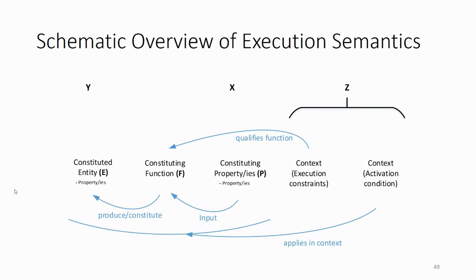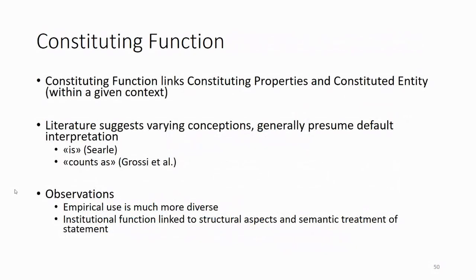But the essential point is that the constituting function ties and links together specifically the properties and the entities, and in some instances, of course, context as well. So they are the linking pin, if you like, when we look at the interpretation of constitutive statements more generally.